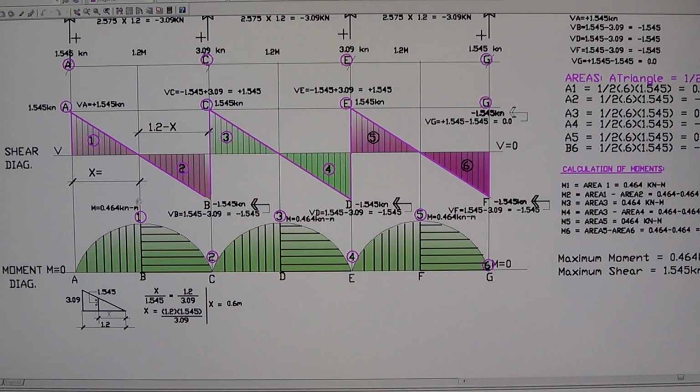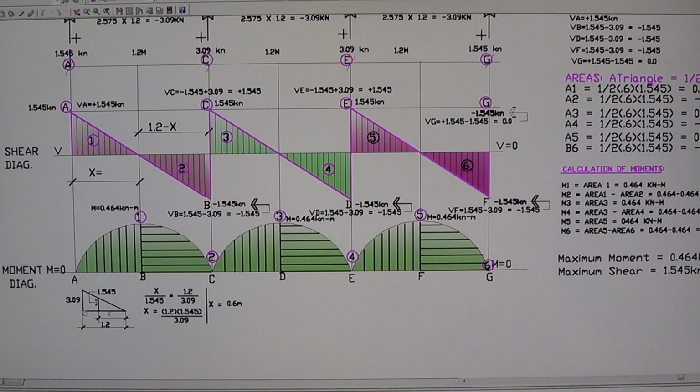Then the small triangle is in the middle. Forget the sign. Here we're looking for the height. The total height is 1.545 times 2, equal to 3.09. So that's the height of the large triangle, and the middle is the small triangle.